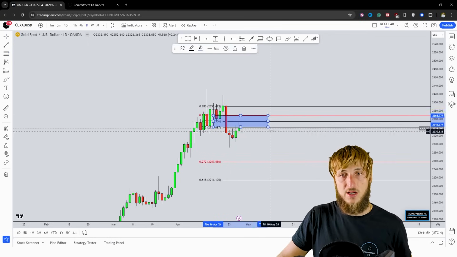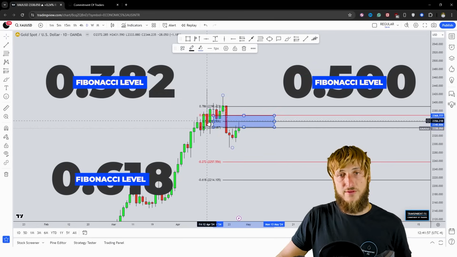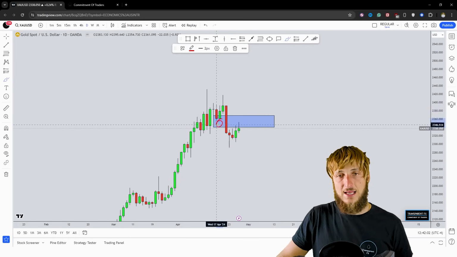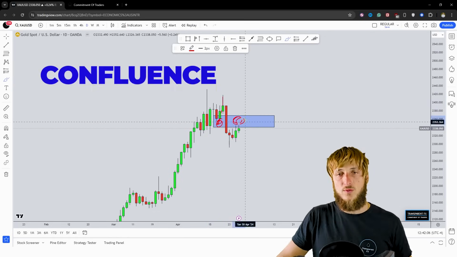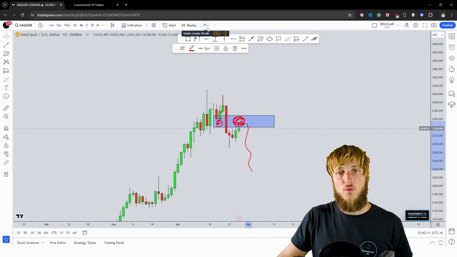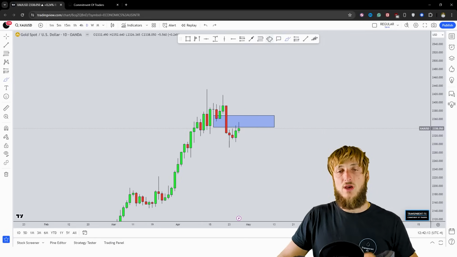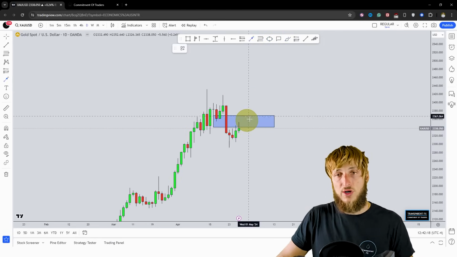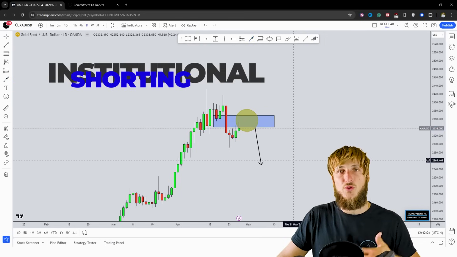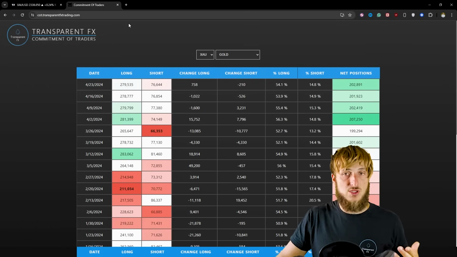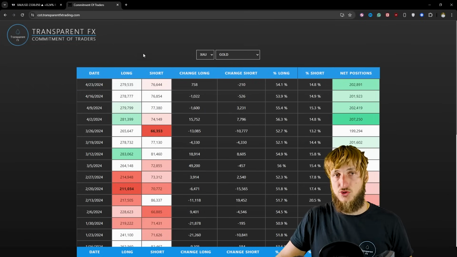And what we can see here is that we have the 0.382, 50%, and 0.618 Fibonacci retracements lining up exactly with this previous daily support turned resistance, therefore creating a confluence of resistance inside of this area that we could in fact expect this market to potentially reject to the downside, because when you have a confluence of resistance area, there is a higher probability to see even more institutional shorting, which at that point would further increase the probabilities of a potential push lower below the zone, because clearly already institutions have been shorting.